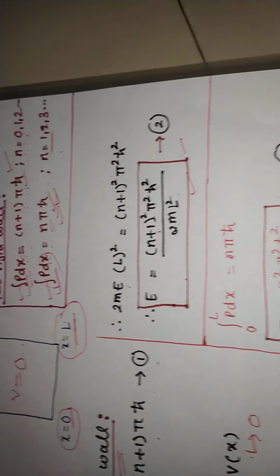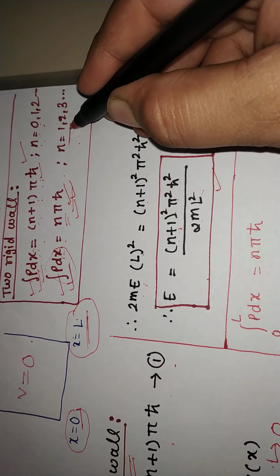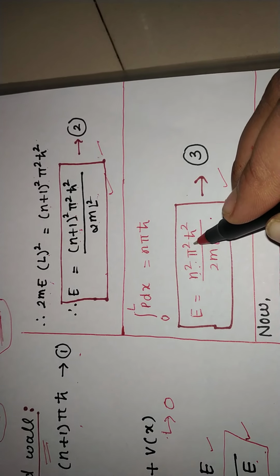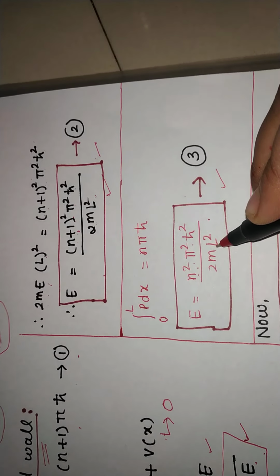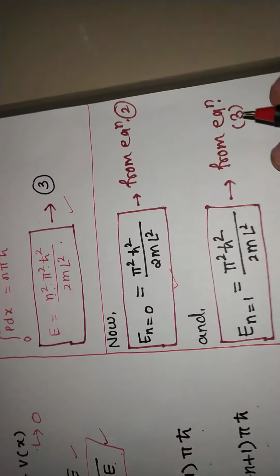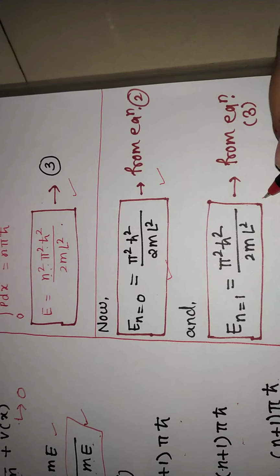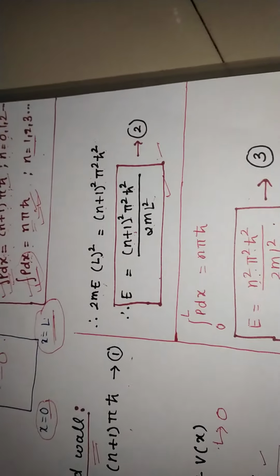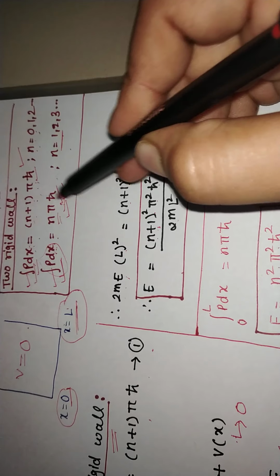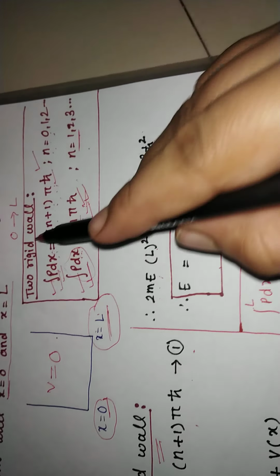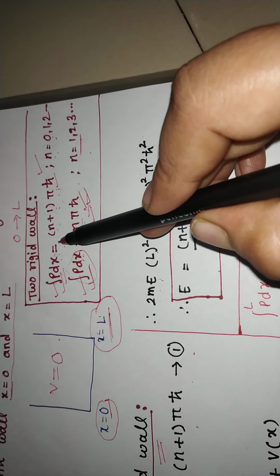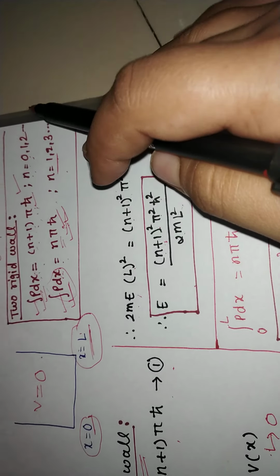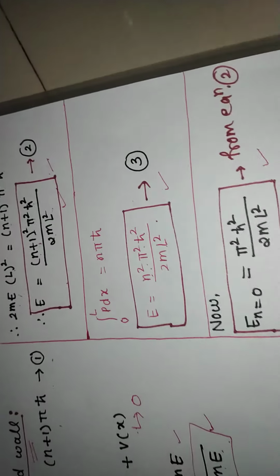Now in the second one, according to the condition, putting n as 1, we get pi squared h cross squared upon 2mL squared. Now you can compare these two results. We have got the same result by using these two formulas. That is, for the two rigid wall condition, you can use either the first one or the second one according to the given conditions. You will get the same result.